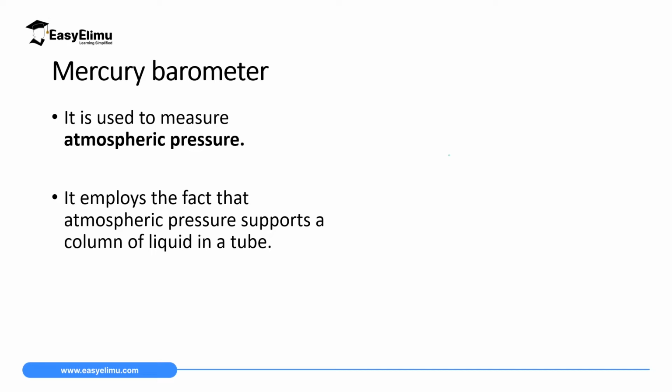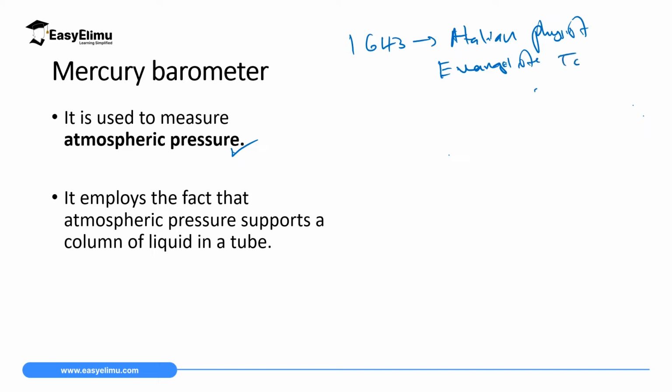This instrument was discovered a long time ago, in 1643, by an Italian physicist and mathematician called Evangelista Torricelli, who was interested in investigating the existence of atmospheric pressure and even the variation of air pressure.